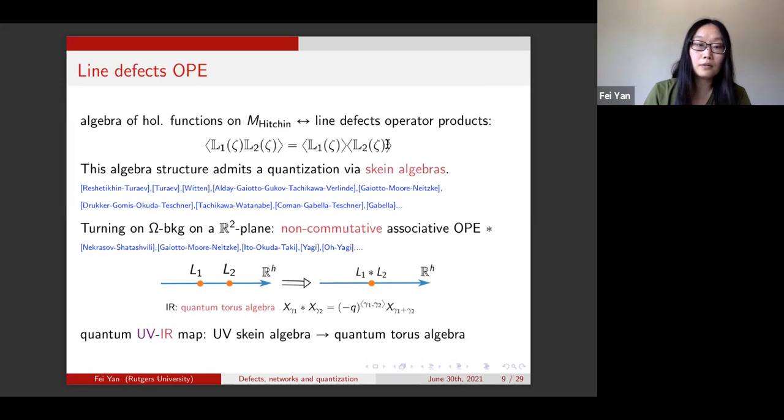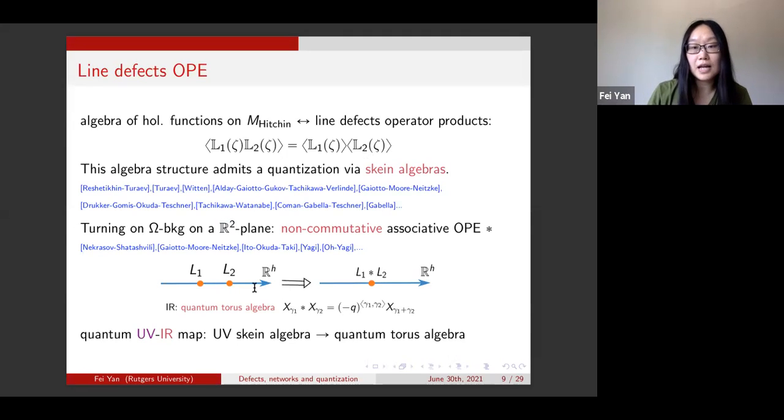And another physical point of view to understand this quantization of the algebra structure is to turn on the Omega background on a spatial R2 plane, where after you do that, the lines are restricted to sit at the origin of the R2, namely their insertion points are restricted to lie on a fixed axis in space.